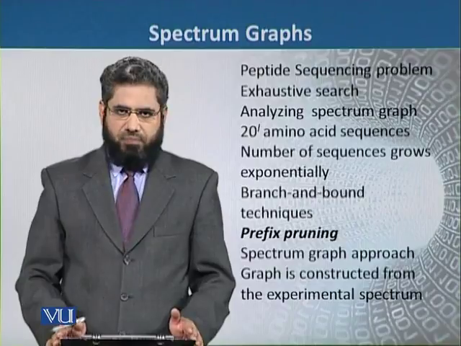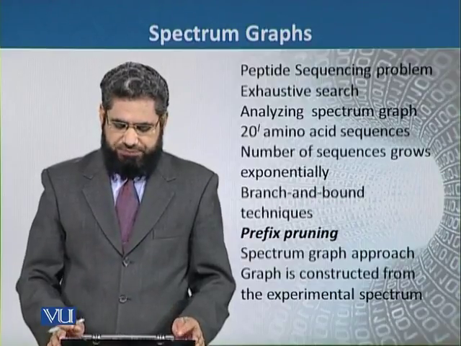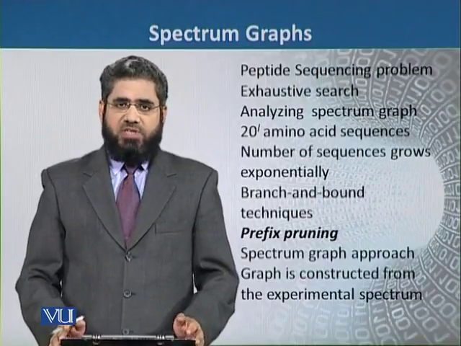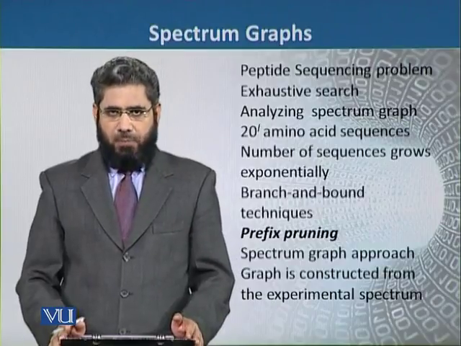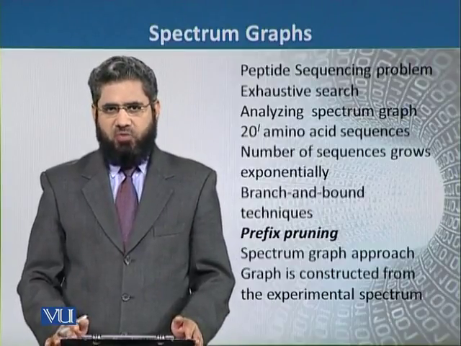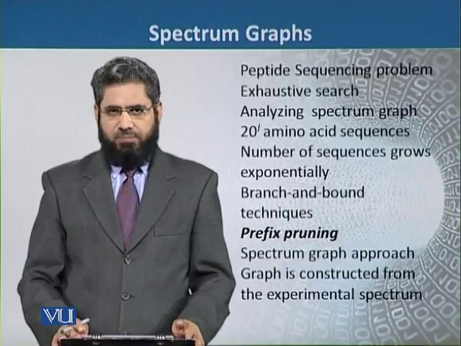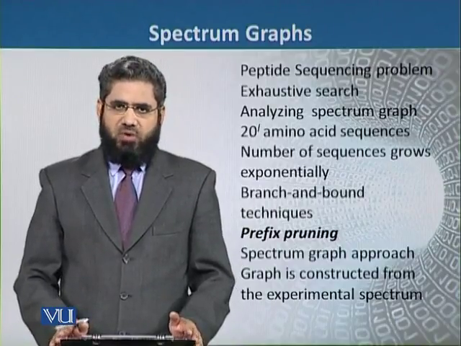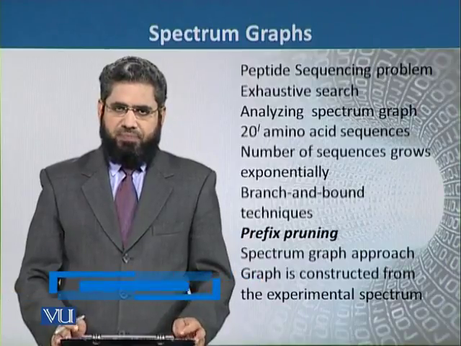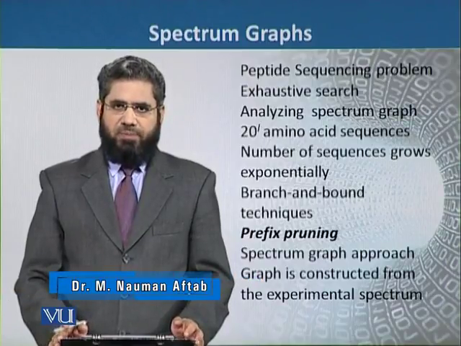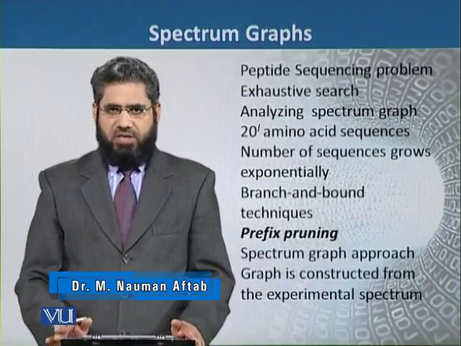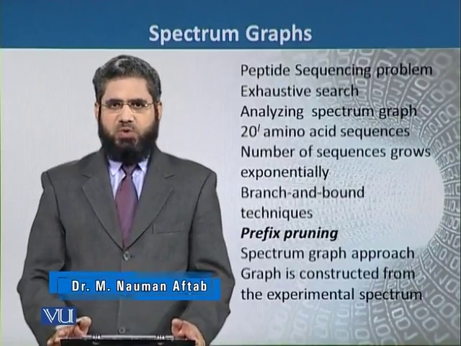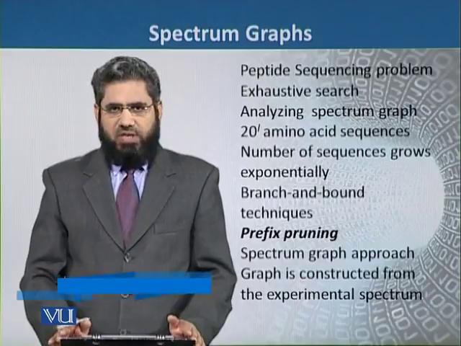In this case, different sizes of peptides are generated, depending on the number of amino acids, which is 20, and also on the length of the peptide, L. So a large number of peptides are generated, and this exhaustive search technique is used among all of these peptides.